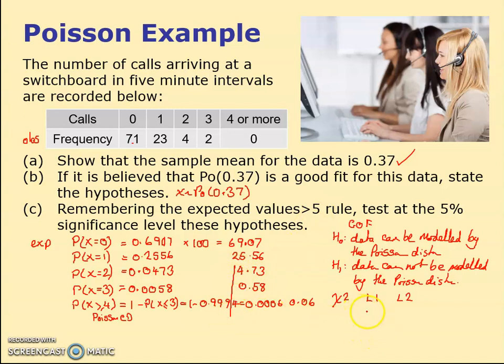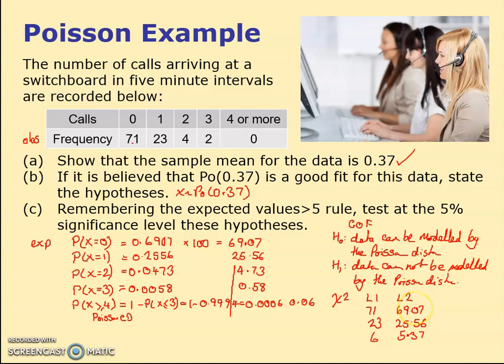So into list 1, which is the observed data, 71, 23, and because I've got to combine these three, they add up to 6. List 2 will be 69.07, 25.56, and what do they add up to between them? Let's just do that quickly. 4.73 plus 0.58 plus 0.06 adds up to 5.37. So it just about sneaks over the 5 rule.